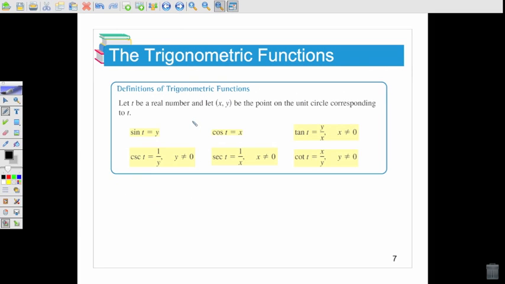All right, so let's say I choose a particular angle value. I don't know, let's just say it's 3. So at a rotation of 3, the sine value at that point is going to be the y coordinate given that particular rotation. The cosine value will be the x coordinate.